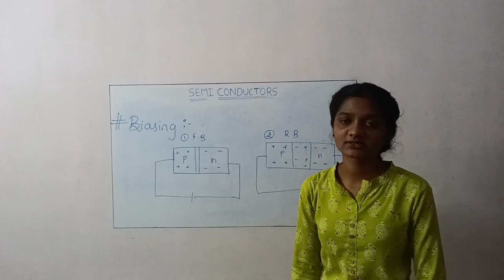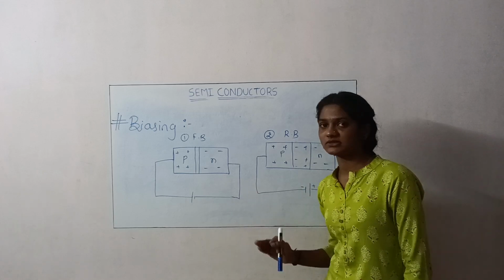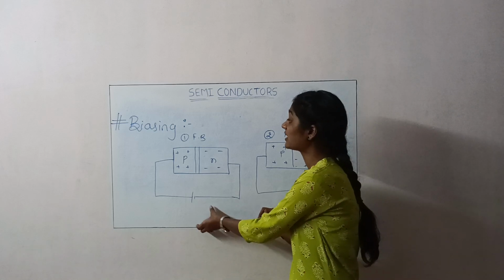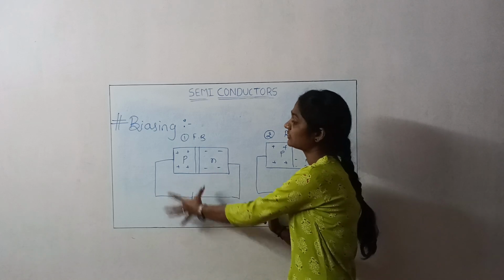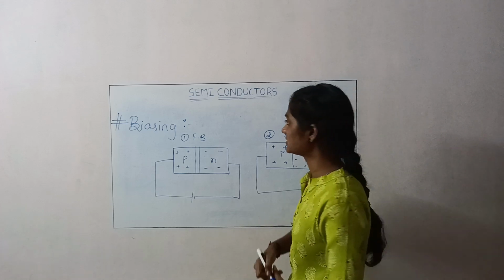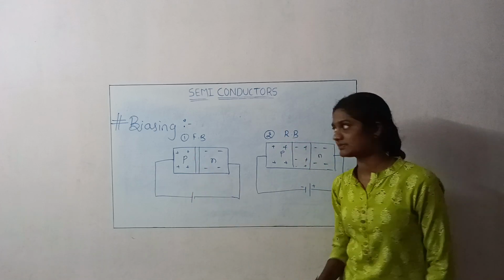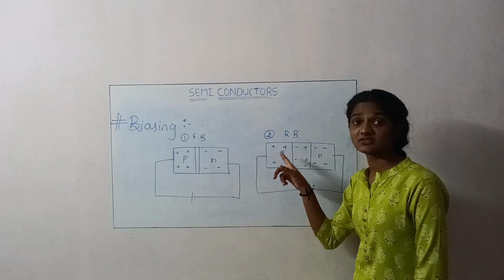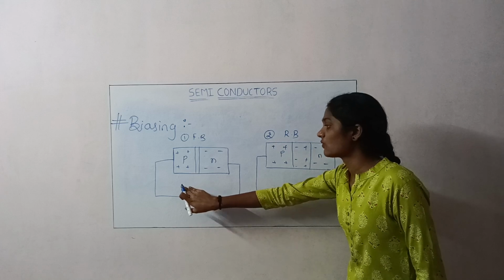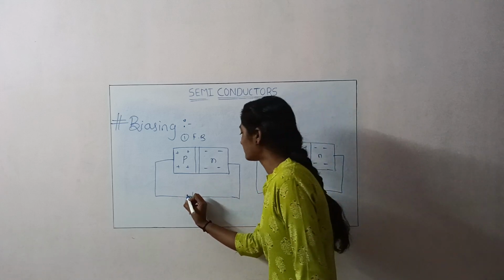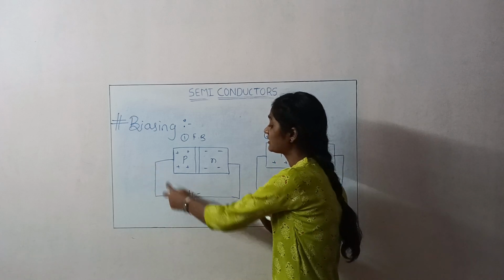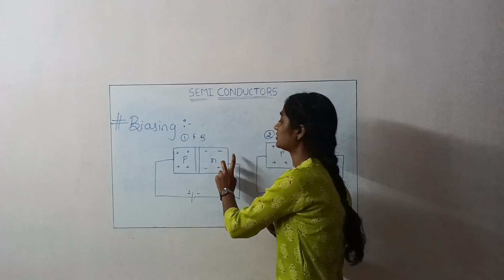Biasing, what do we mean by biasing? It is simply the process where we are applying voltage, meaning we are giving energy to the semiconductors to conduct electricity. In biasing we have two types: one is forward bias and the other is reverse bias. In forward bias, we simply connect the positive terminal of the battery to the positive side and the negative terminal of the battery to the negative side.